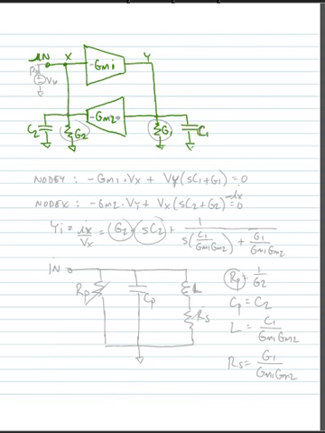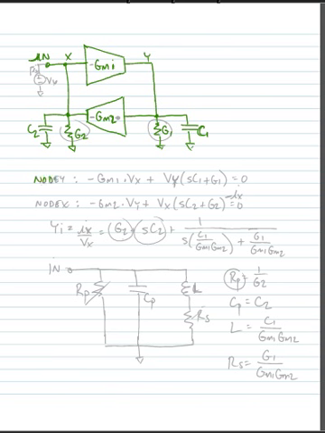And this capacitance could be due to an external capacitor that we added, and it could also be due to the input capacitance to GM2, or the parallel combination of both of those. All right, so if we do KVL and if we do KCL at both of our nodes, node Y and node X, we can find the following.